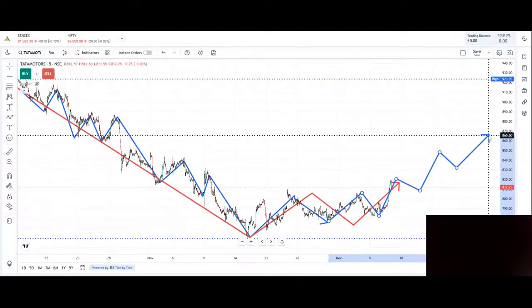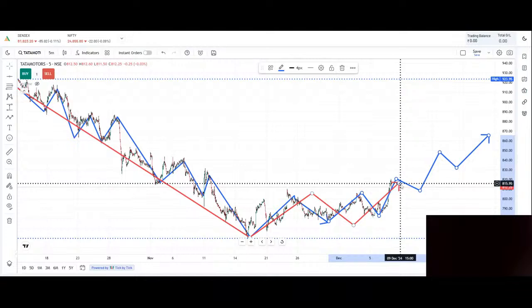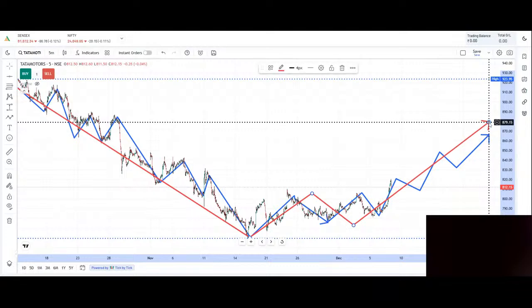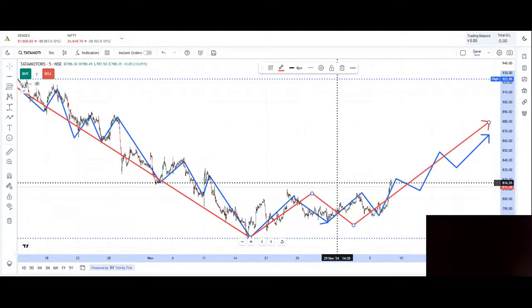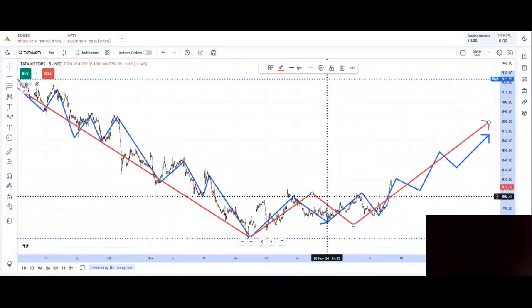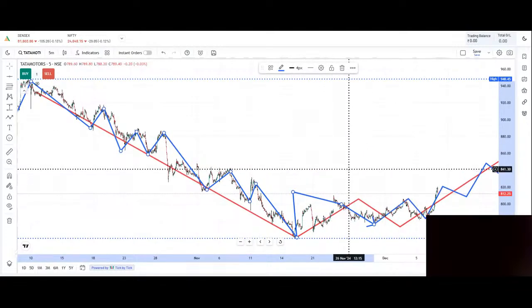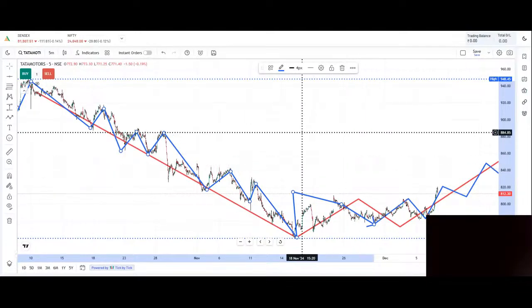Its journey is going to be like this. Whereas when you see red in a bigger time frame, you will always find it to be like this only. So this is how the charts behave, and this is how I follow my strategy of trading in the stocks.